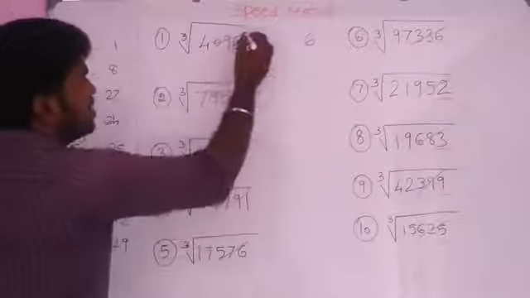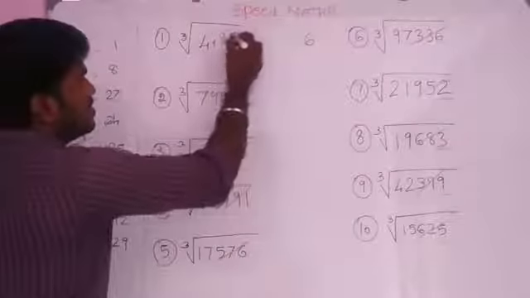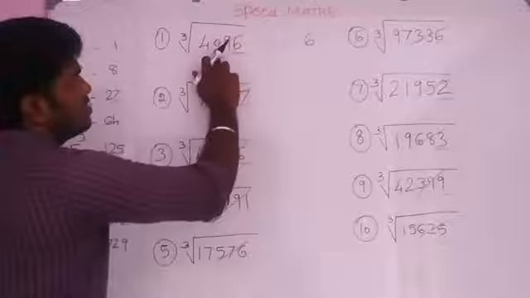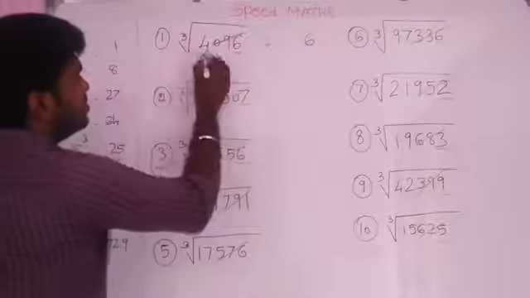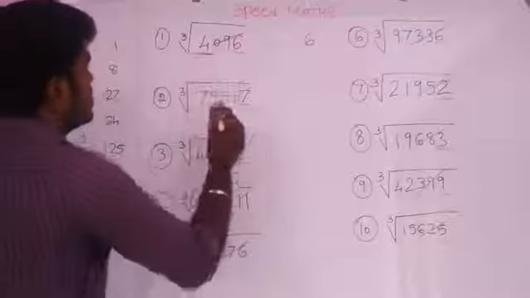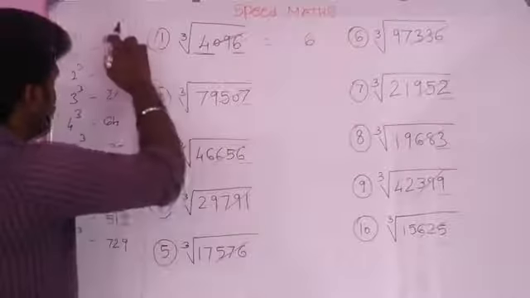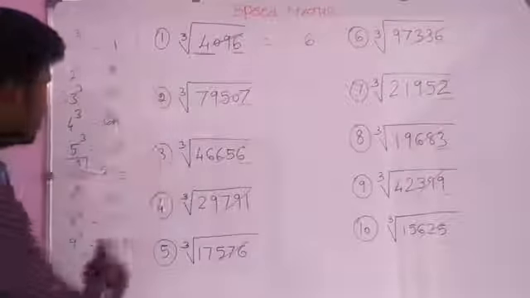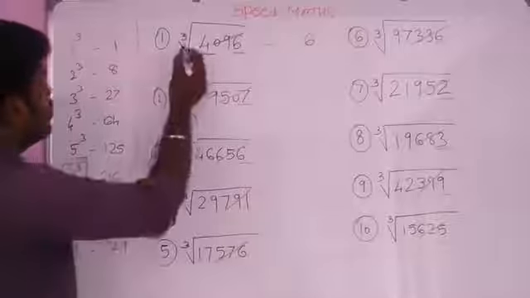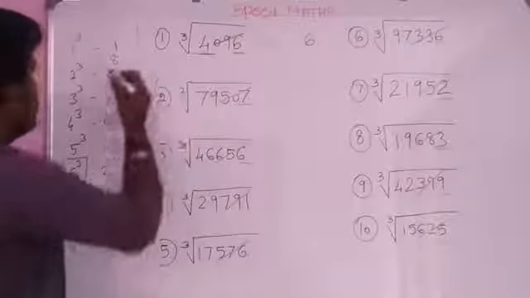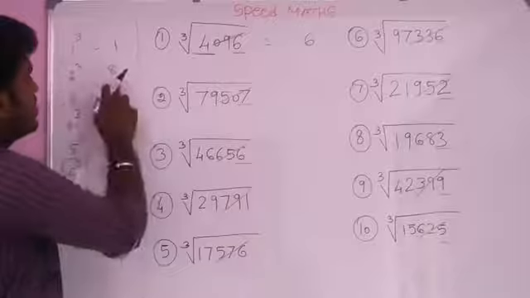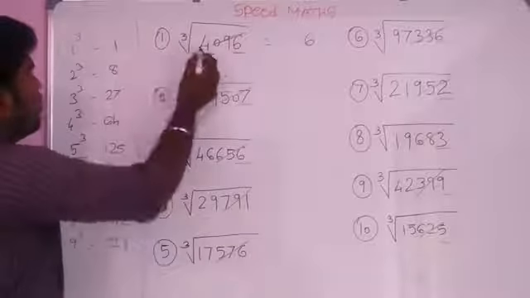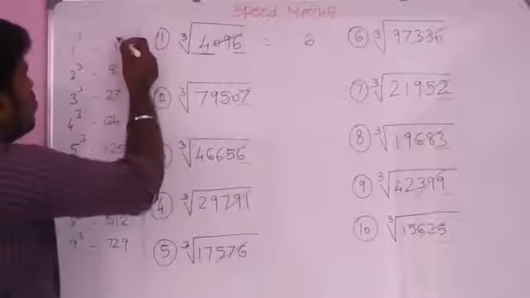Now we omit the last three digits in the number, that is 096, and the remaining value is 4. Just compare the value 4 with the cube values from 1 to 9. The value 4 is between 1 cube and 2 cube. 1 cube value is 1, 2 cube value is 8, and 4 is between 1 and 8.